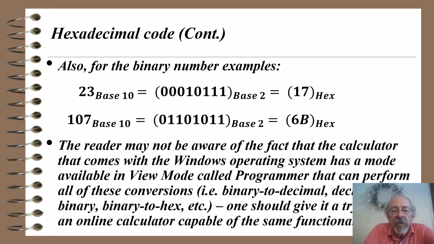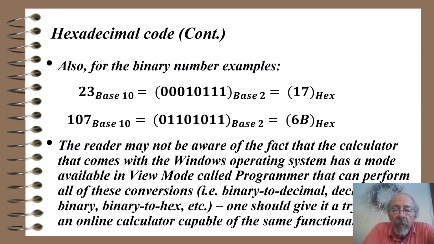Also, for the binary number examples we had before, say 23 in base 10 was given by the binary code in parentheses in the middle. If you take the first 4 bits, you see a 1, the next 4 bits, you see a 7. So that's 17 hex. And instead of saying seventeen, which you might be inclined to do, you want to say one-seven, because again, it's hex, not decimal. 107 in base 10 is given by the 8 binary bits in parentheses in the middle.